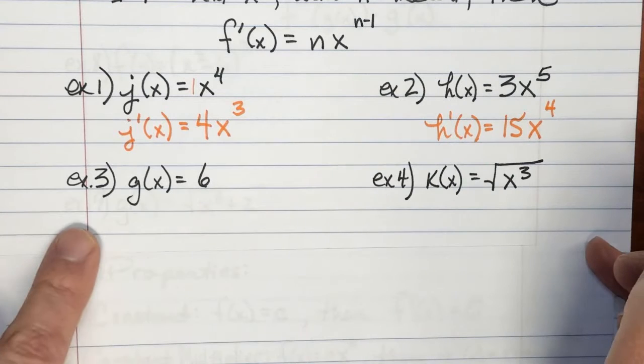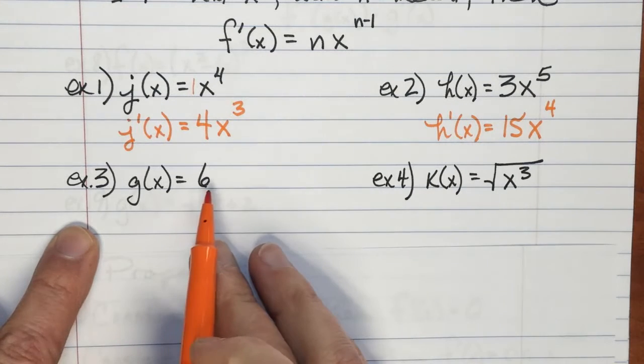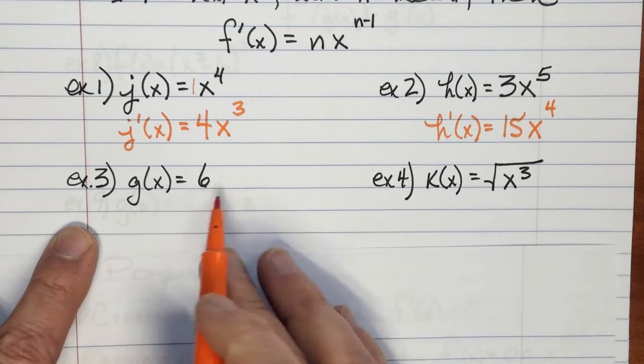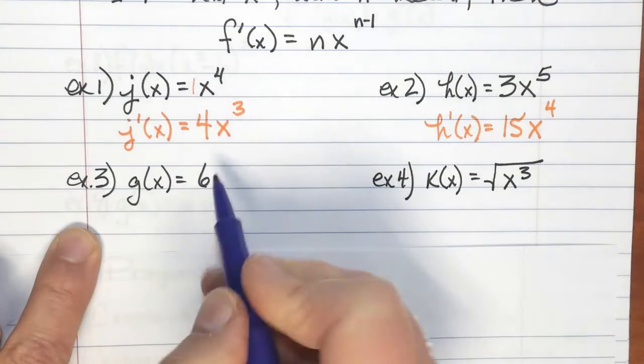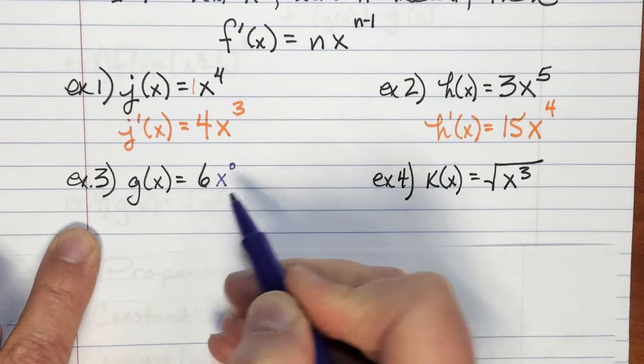Let's look at example 3. g of x is 6. y is equal to 6. That's a horizontal line. But I want you to imagine that, because there's no x, there's an x to the 0. Anything to the 0 power is 1.